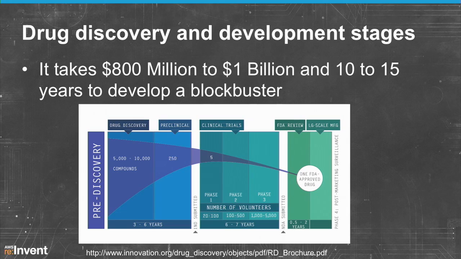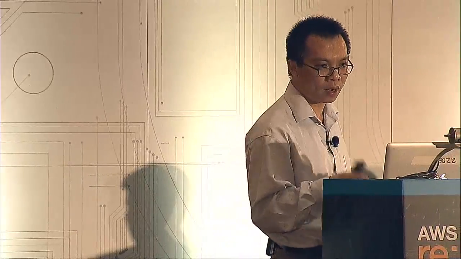Since the core competitive advantage of the pharmaceutical company is in R&D, 15% of their revenue is invested back into R&D, and a significant portion of that goes into drug discovery.